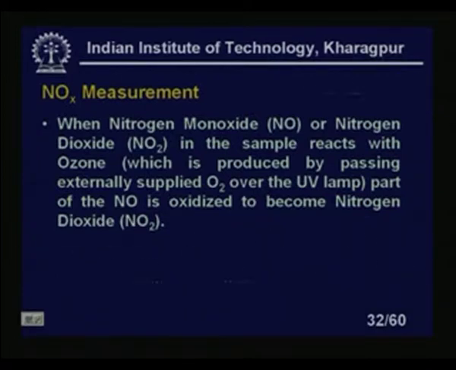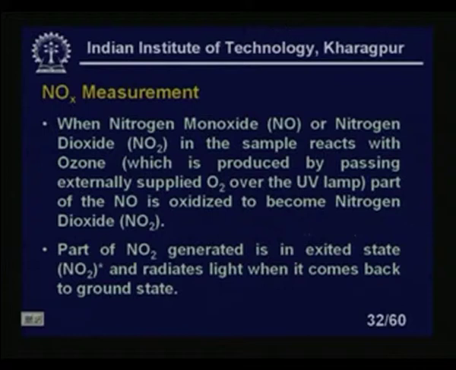When nitrogen monoxide in the sample reacts with ozone, which is produced by passing externally supplied O2 over a UV lamp, part of the NO is oxidized to become nitrogen dioxide. Part of the NO2 generated in this is in the excited state.